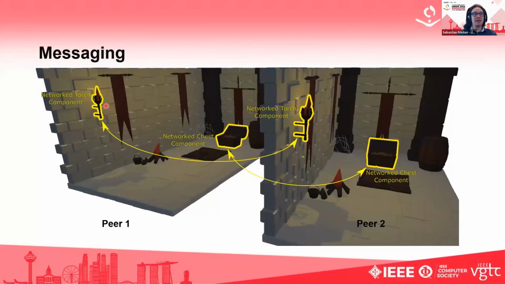So the idea is that you write the code to send and receive messages inside one script to create a self-contained network behavior. So once a game object has a network component attached to it, it's network enabled, it will talk to all other instances of that object in the synchronized scene graphs. So you could have a game object with, say, two or three network components, and they send messages to the counterparts of that object running on the other processes.